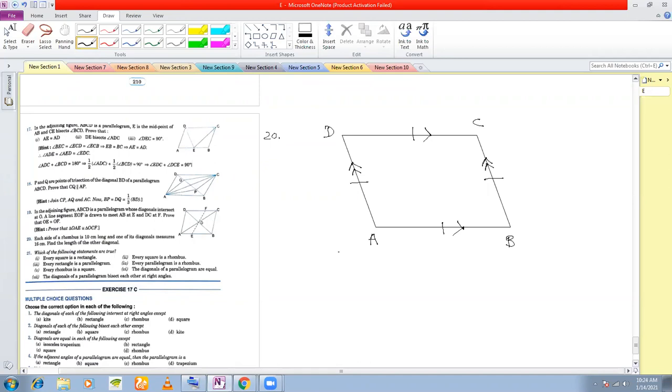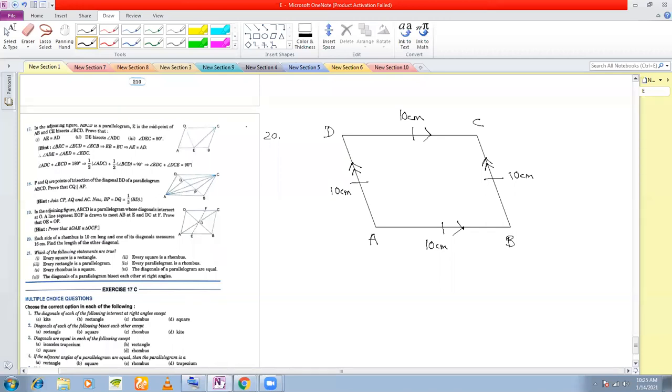Okay, all sides equal. Each side of a rhombus is 10 centimeters long. So each side is 10 centimeters. And one of its diagonals measures 16 centimeters.